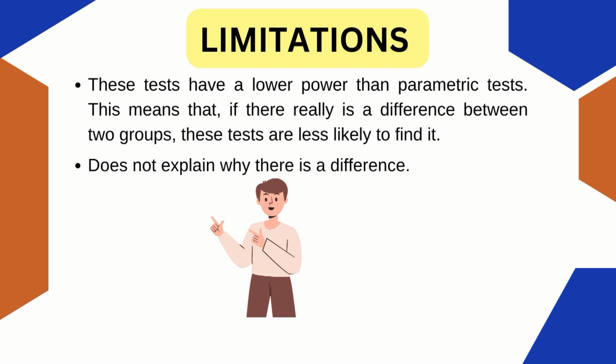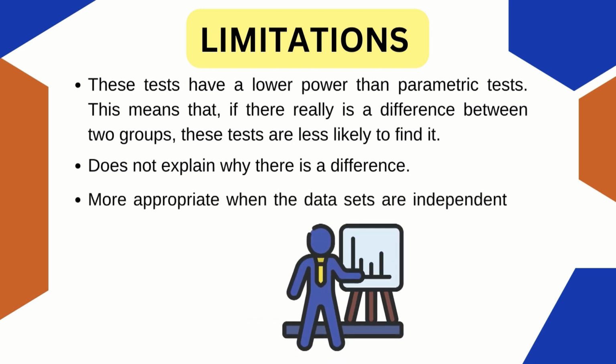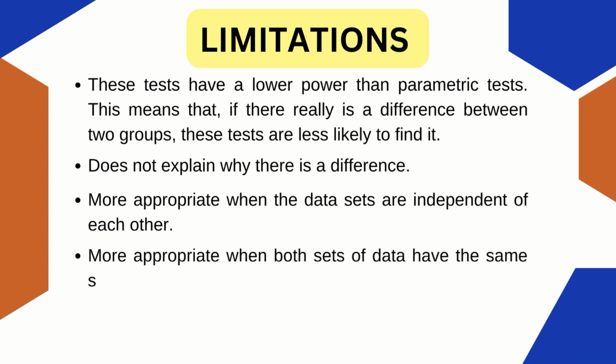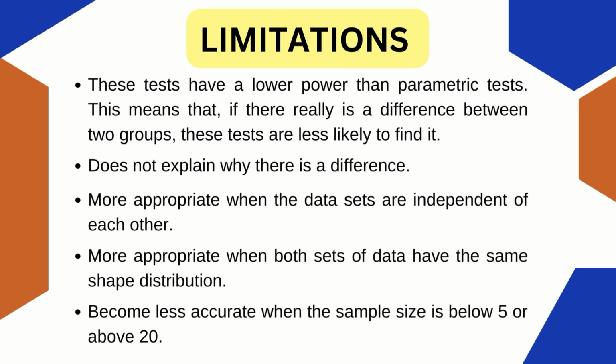Third, it is more appropriate when the data sets are independent of each other. And the next limitation is it is more appropriate when both sets of data have the same shape distribution. And last but not least, it becomes less accurate when the sample size is below 5 or above 20.